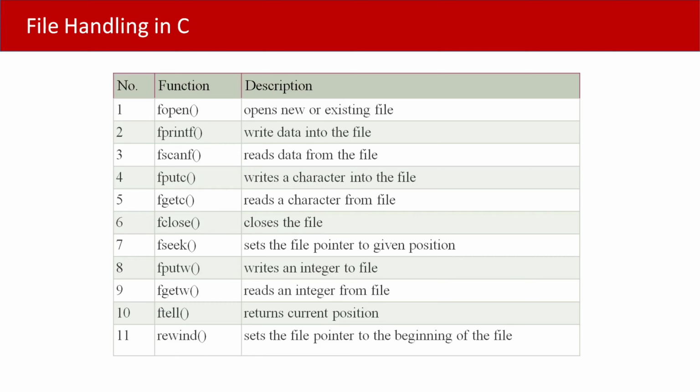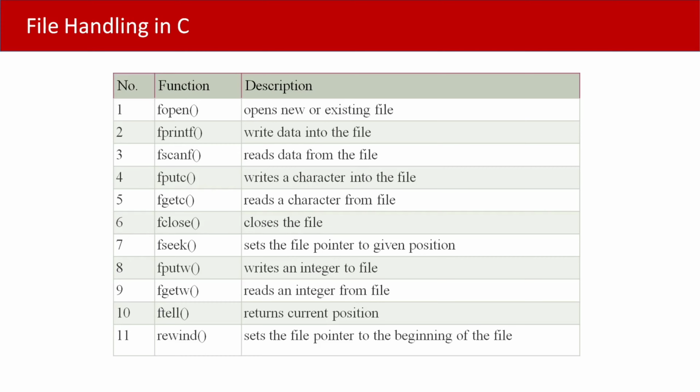fgetc reads a character from the file. Right? Now fclose: when you are done with all the operations on the file, you close your file by writing fclose. fseek sets the file pointer to a given position. Whenever you open a file, the file pointer is at the beginning, right?